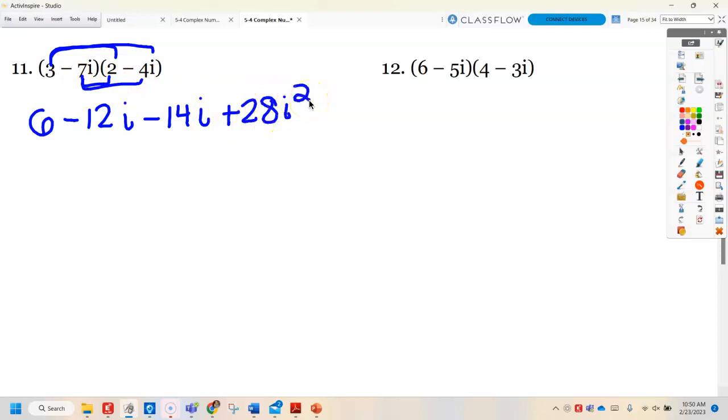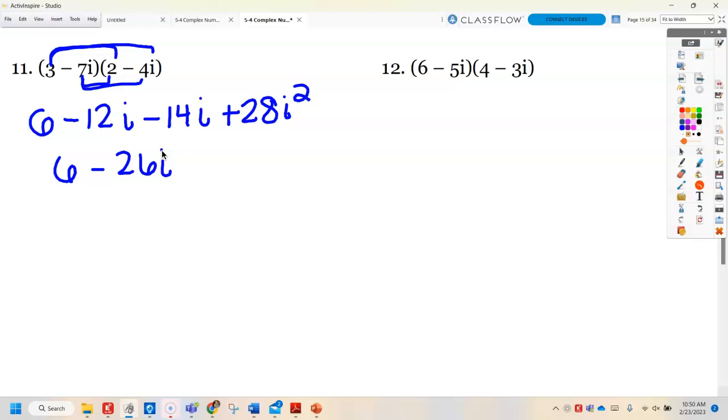Just like when we FOIL, we have to combine like terms. So negative 12 and negative 14 become negative 26i. i squared becomes negative 1.